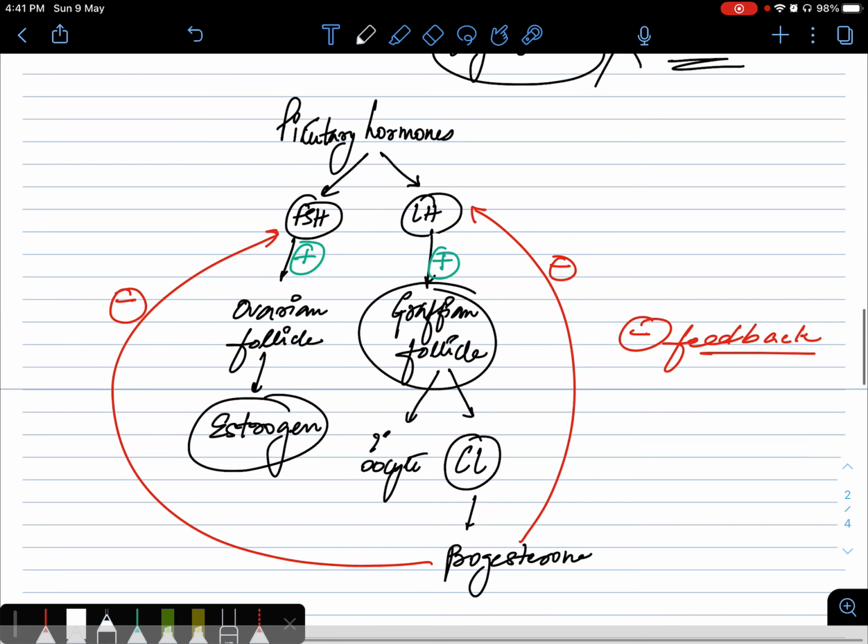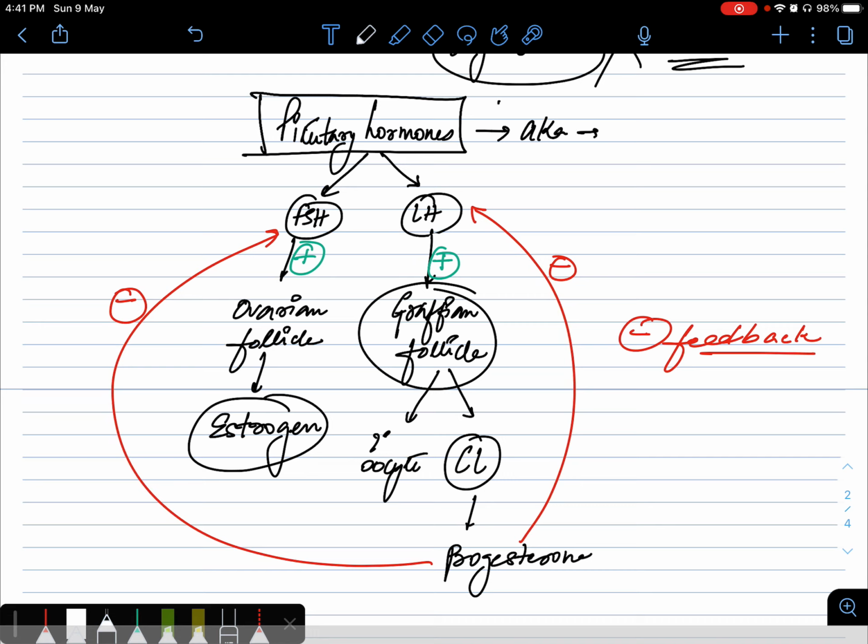Now the functions of the pituitary hormones we learn. Two important hormones that we learn. Pituitary hormones are also known as gonadotropins. There are two main hormones, FSH and LH. FSH is the follicle stimulating hormone.